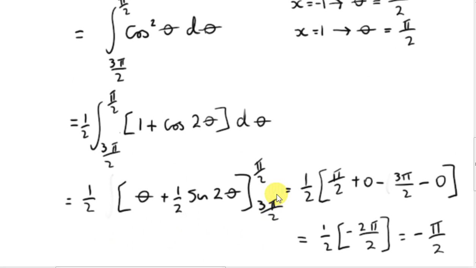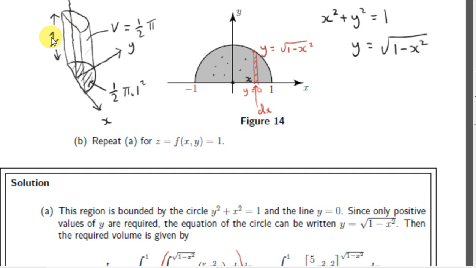If we plug all these limits in, we end up getting an answer of minus pi over 2. Well, we should really be getting a positive answer here, because the function is positive. f of x comma y was equal to plus 1, not minus 1.